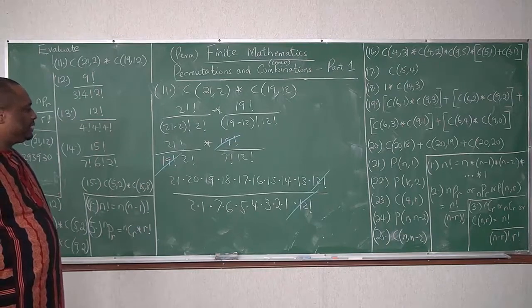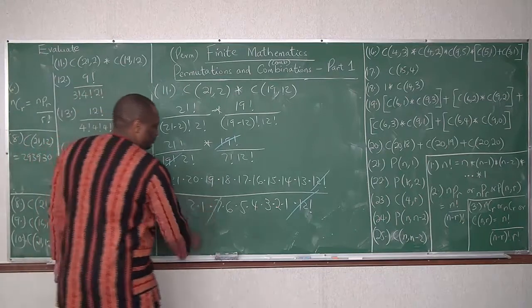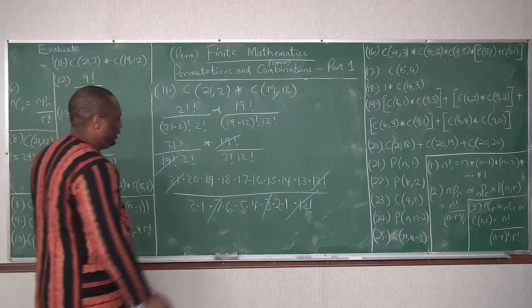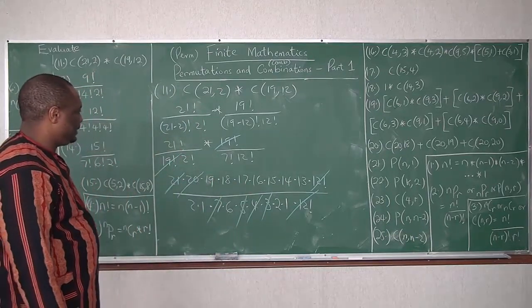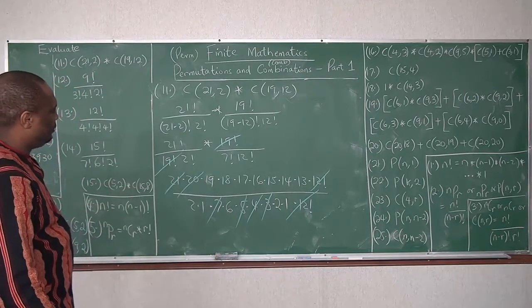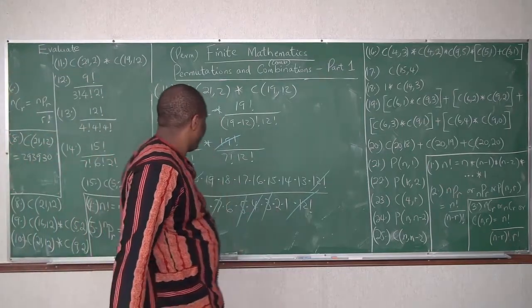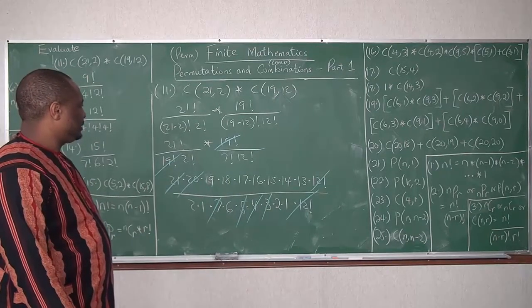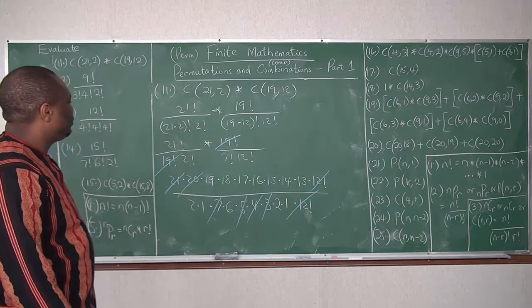7 times 5 is 35, 7 times 4 is 28, 7 times 3 is 21. That's gone. 5 times 4 is 20, that's gone. I have only 2, 6, 2 left. 2 times 2 is 4, 6 times 4 is 24.